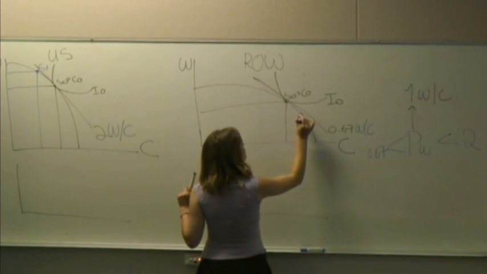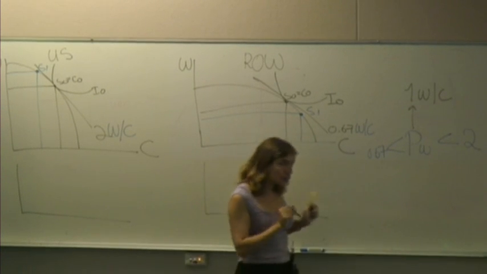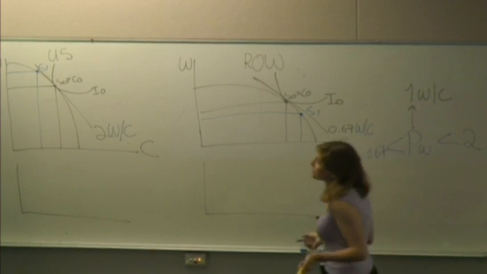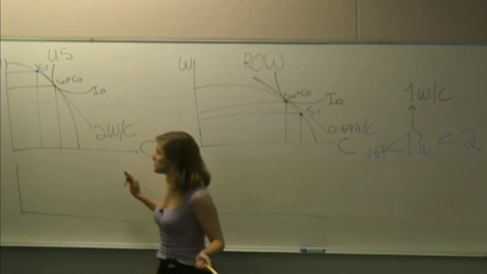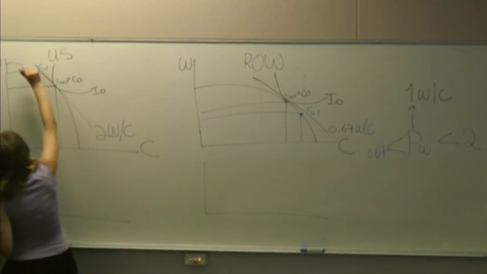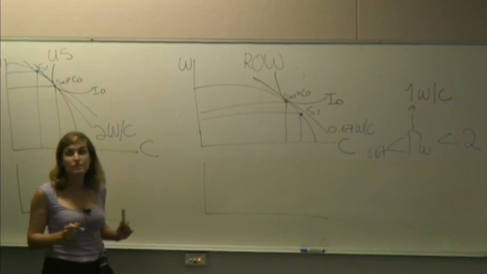So it's going to produce at S1 here. At this new production point, they're going to trade at the world price. Remember, the slope of a line here is going to be the price of whatever's on the x-axis. So we're going to have a new price line, a new slope, and therefore a new world price for cloth.